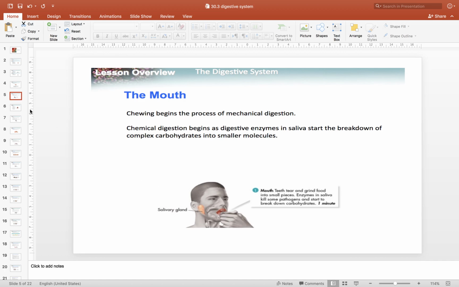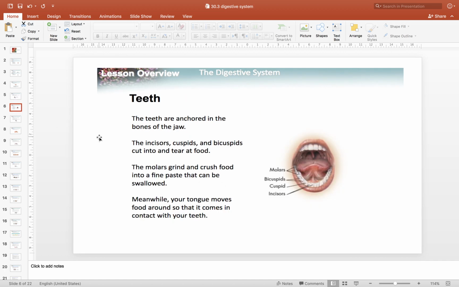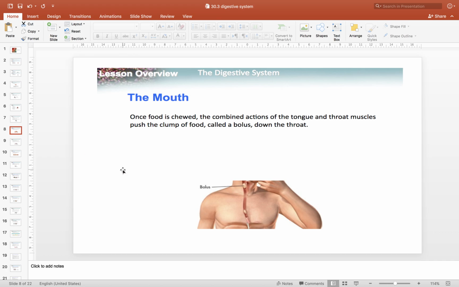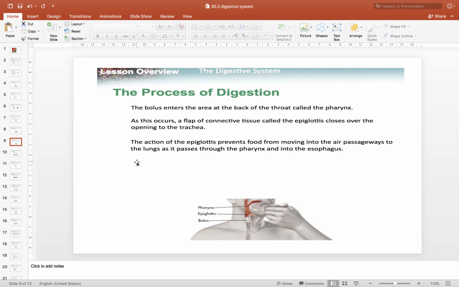Teeth will grind down the food, and the saliva mixes with the food, and the enzyme will break down starches and fight infection in the food itself.